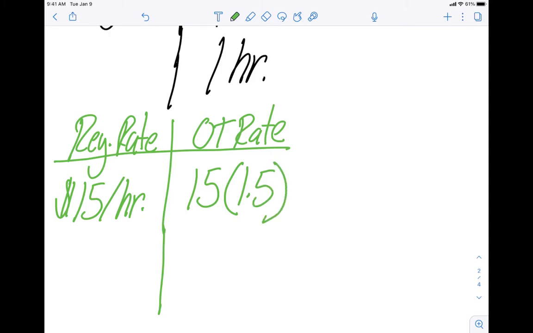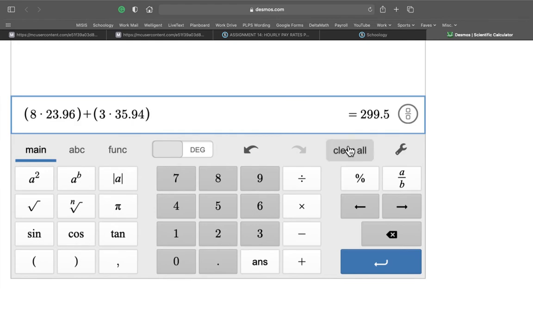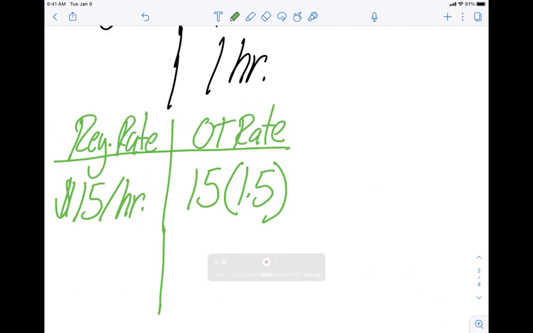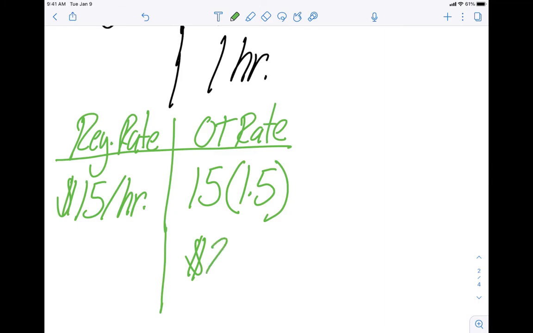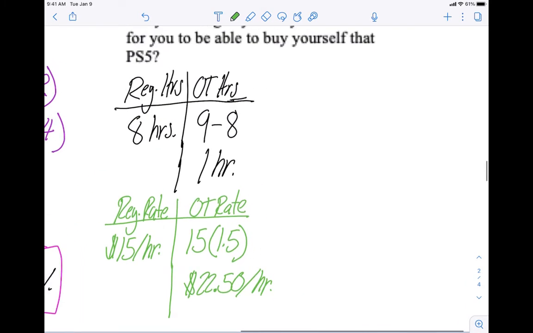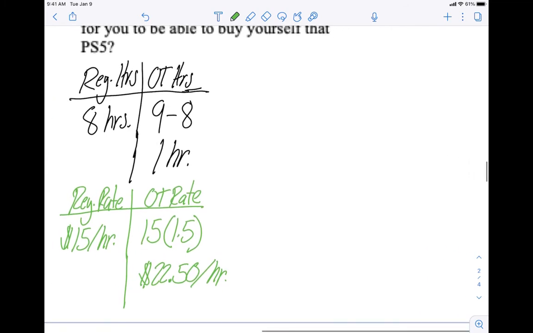So we're going to take 15 times 1.5, 22.5. So we get $22.50, right? Per hour of overtime.